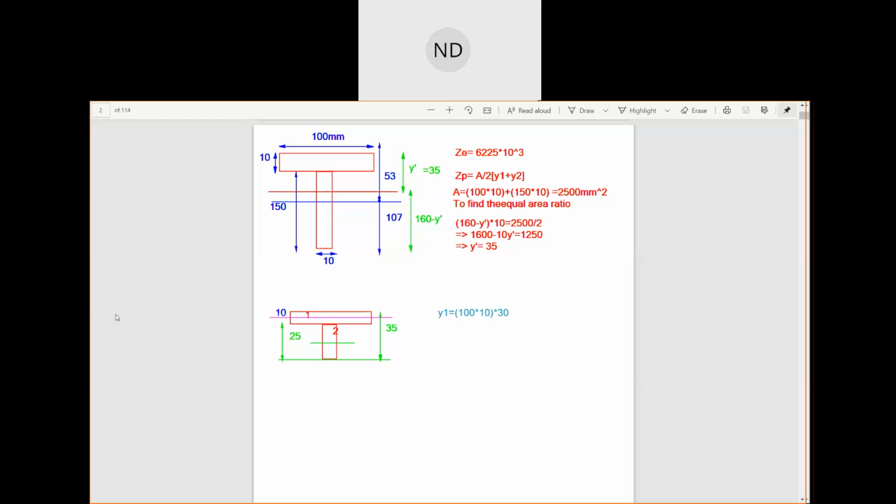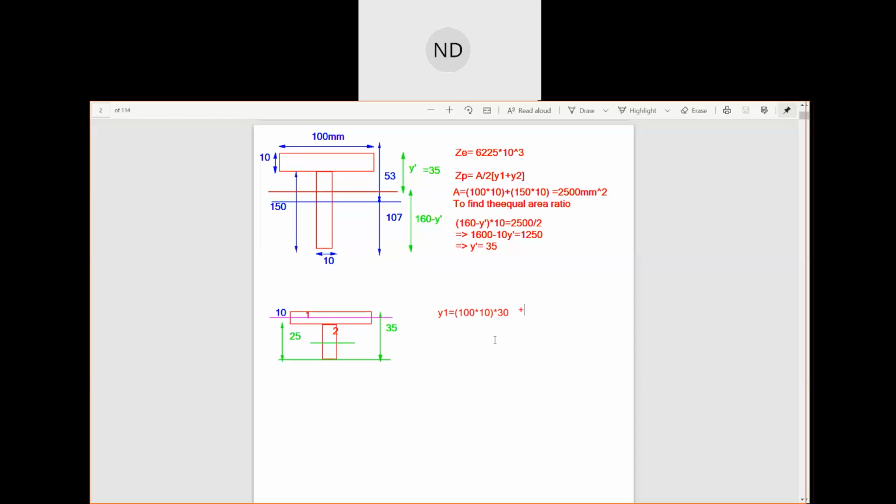Now again we have another one, plus this member. Now the second member, what is the area? This number is 25.